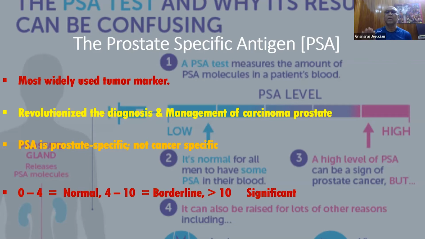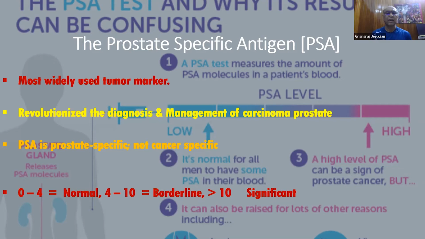But unfortunately, PSA is not cancer specific, it is prostate specific. There are many conditions which increase the level of the PSA, including a very large size of the prostate. So if PSA is elevated, it does not mean that there is cancer, but there is a possibility of cancer.